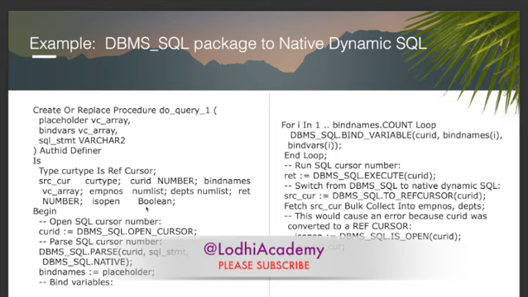And next we can see the example of converting to native dynamic SQL. Here you can see this remark: switch from DBMS_SQL to native dynamic SQL. This would cause an error because the cursor ID was converted to a ref cursor.